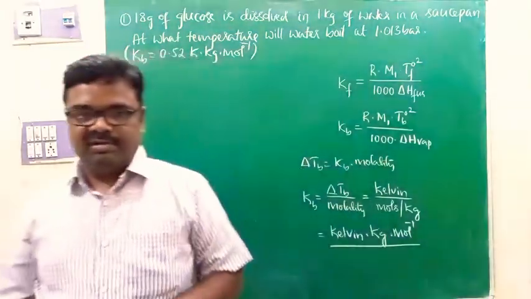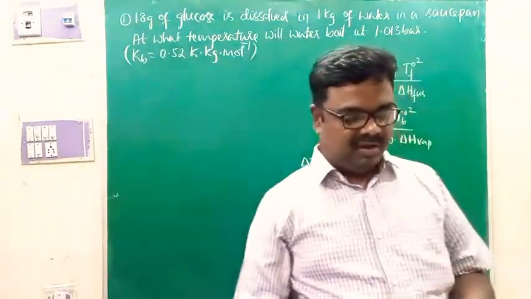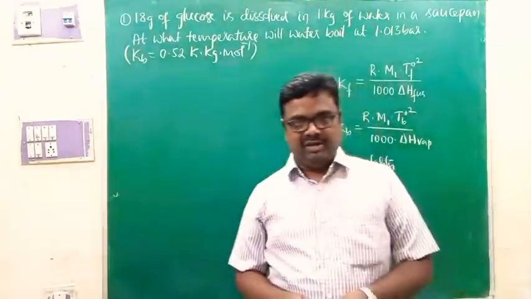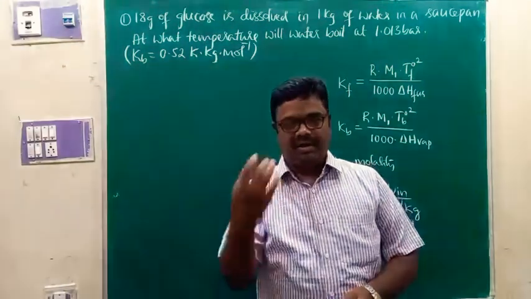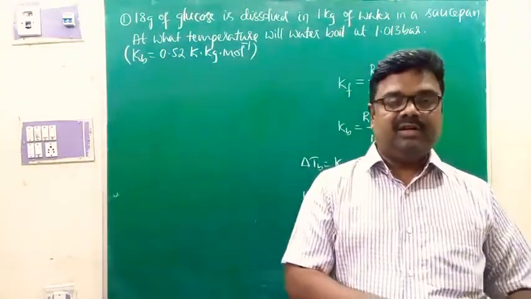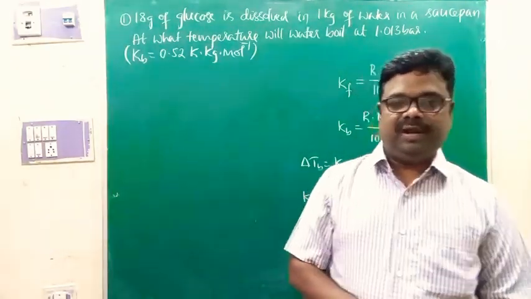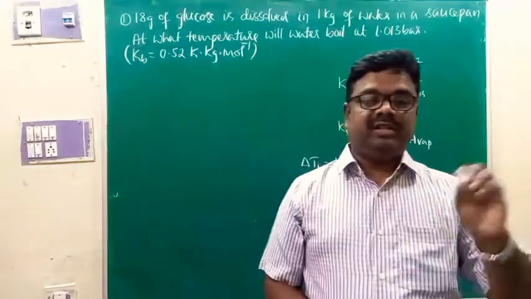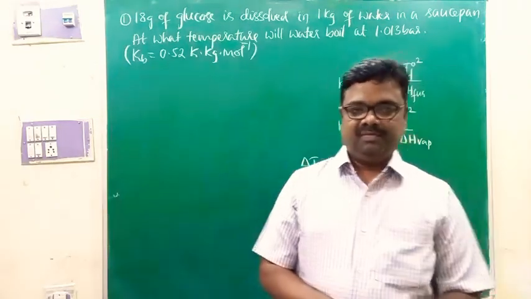Apart from that, no doubt we determined the molecular mass of non-volatile solute by making use of all the colligative property values. But those formulas that we have written are true only under ideal conditions, that is, only when there is no dissociation or association of solute particles in solution.